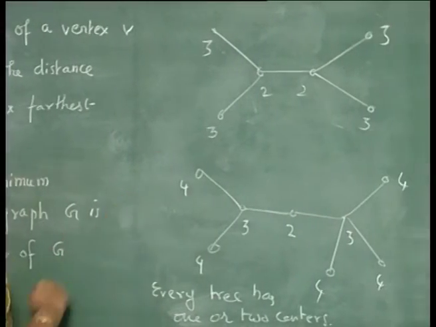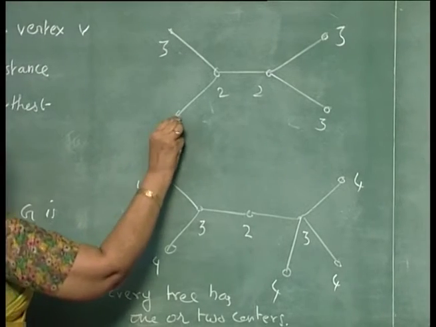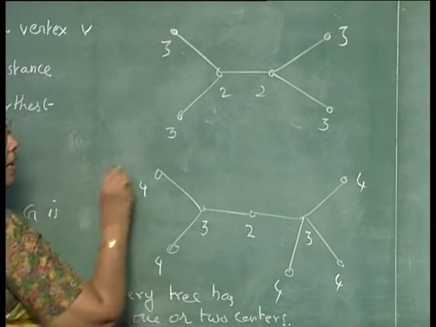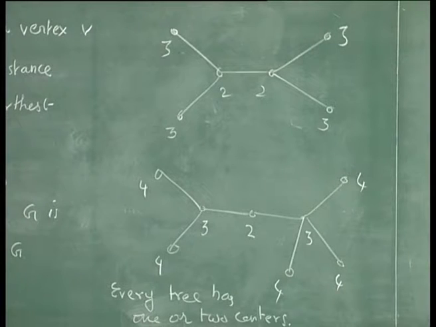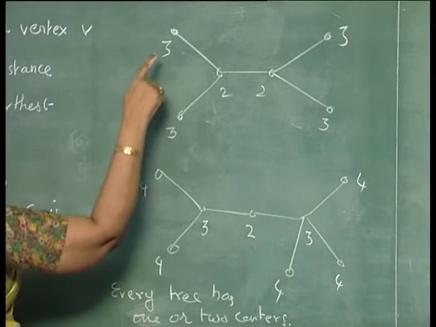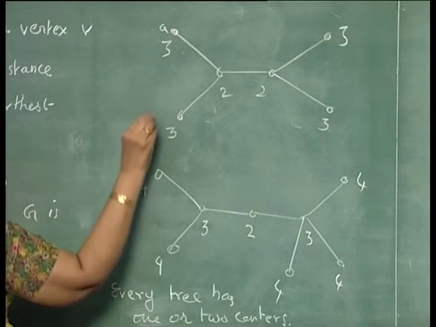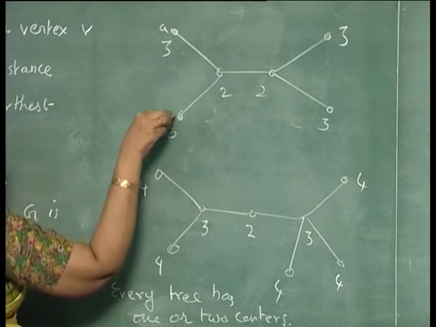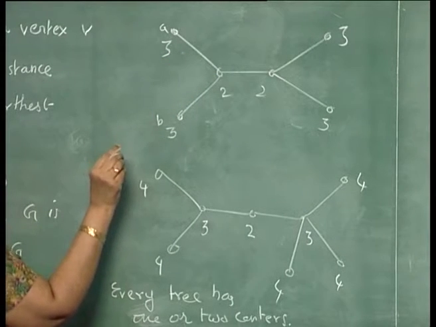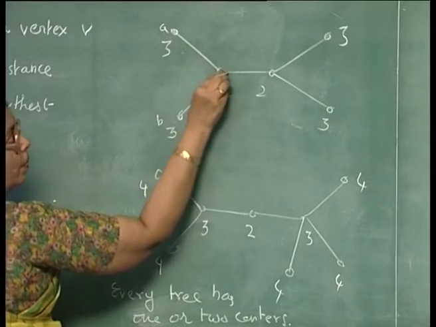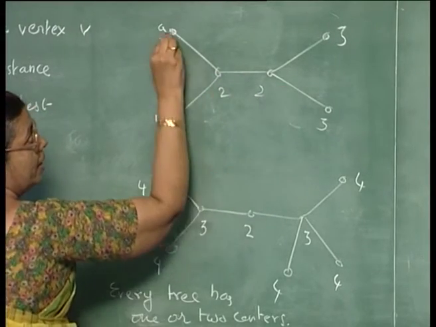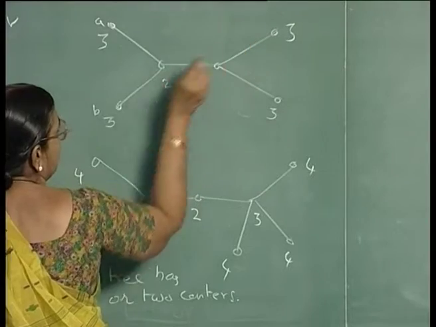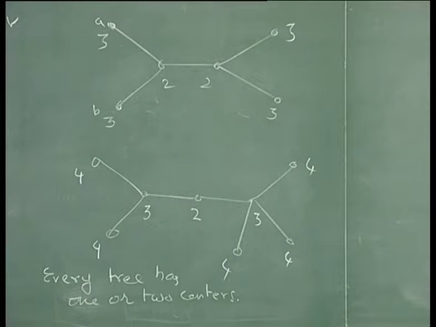Look at this graph. This is a tree, it has got 6 vertices. The distance between this node A and this node B is 2. The distance between this node and this node is 3, the distance between this node and this node is 3. So, the distance of the farthest node is 3, so the eccentricity of this vertex is 3.